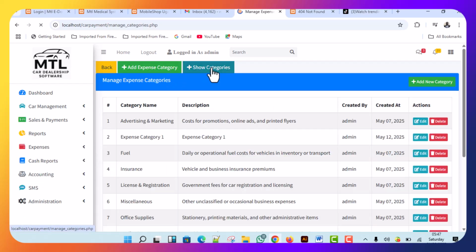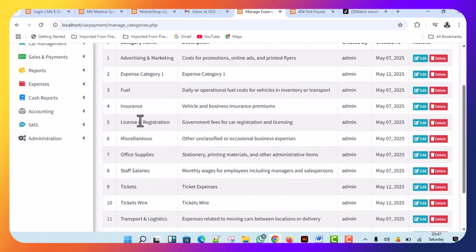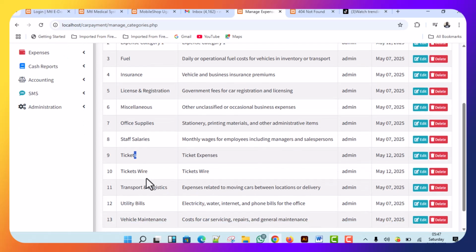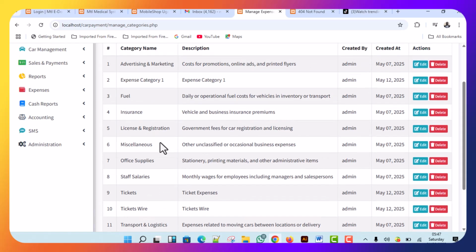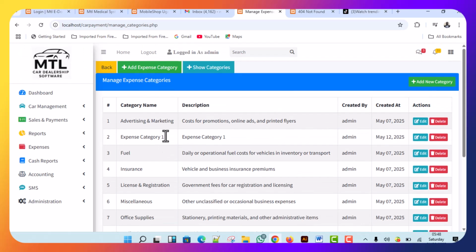These are the categories of expenses that you may incur on a car: advertising, fuel, insurance, licensing and registration, miscellaneous, office supplies, staff salaries, tickets, transport and logistics, utilities, vehicle maintenance, any category of expense you incur on a car.